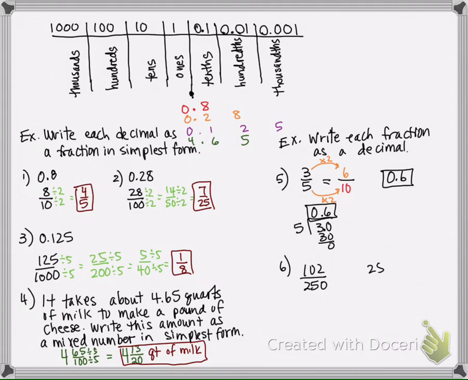So I'm going to do division on this one. Let's see, put in a decimal point. 250 cannot go into 1,002 or 102. Then I'm going to add a 0. So 250 goes into 1,000. Let's see. 2 of them is going to give me 500. So 4 of them would give me 1,000. So we get this.